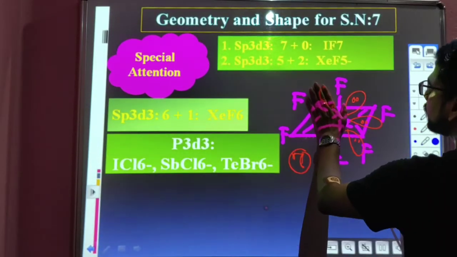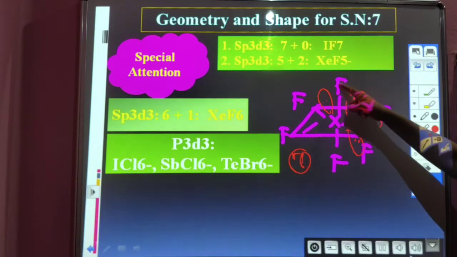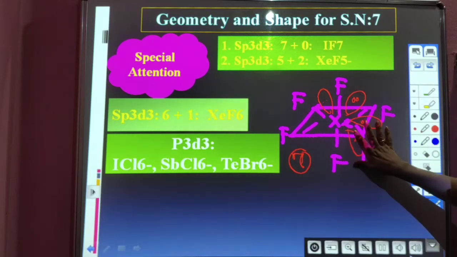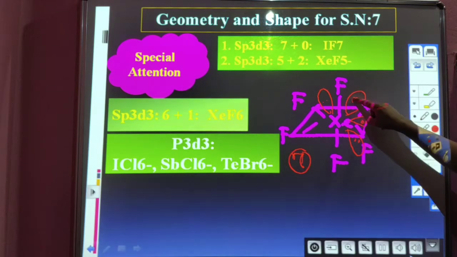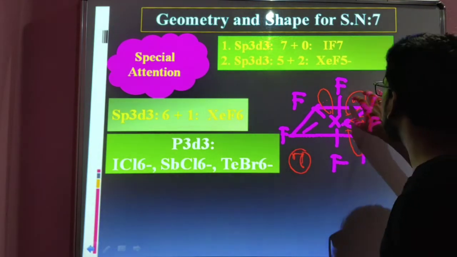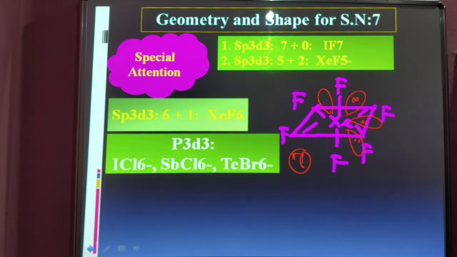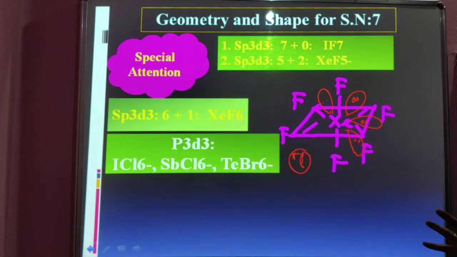See, this is octahedral, right? This is octahedral, and you put one lone pair over here. So what will happen? It's like this one has a cap.